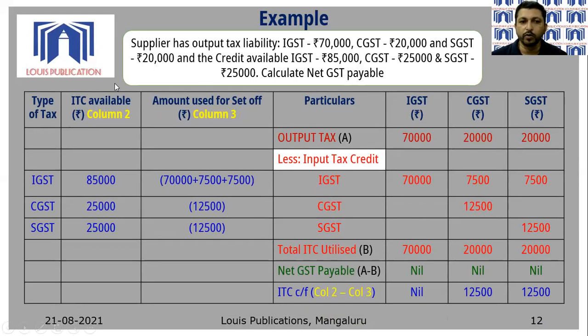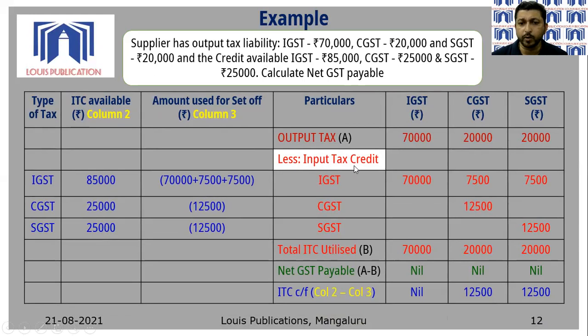So first what we do is we have the columns ready: type of tax, input tax credit available, amount used for set off, particulars, IGST, CGST and SGST. These are liabilities to be settled. So output tax which we are supposed to pay is 70,000 IGST, 20,000 CGST and 20,000 SGST. Credit available under IGST is 85,000, that is input tax credit available. CGST is 25,000, SGST is 25,000.